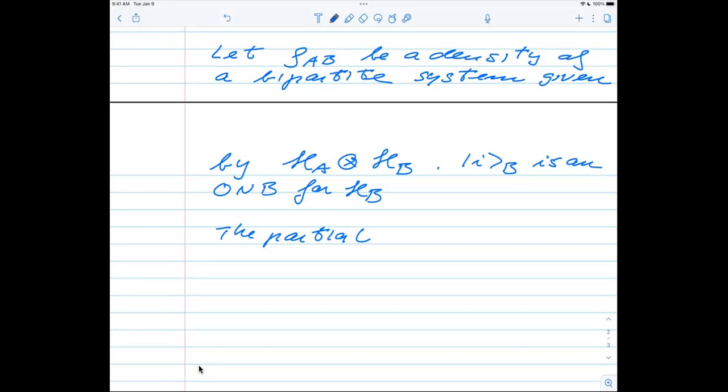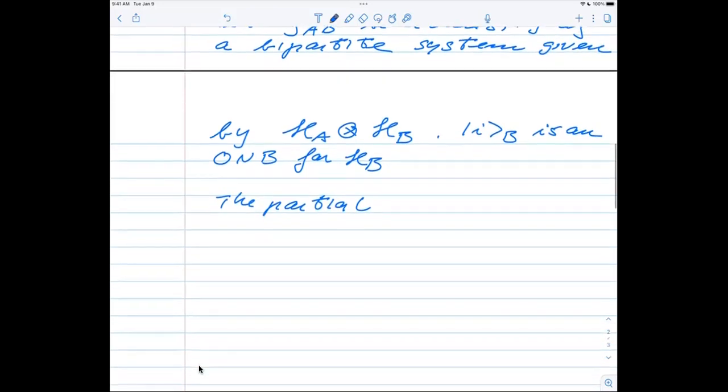And this has important consequences when we are going to discuss entanglement in systems. There are some topics here which we need a better understanding of, but let's go through some technical definitions first.